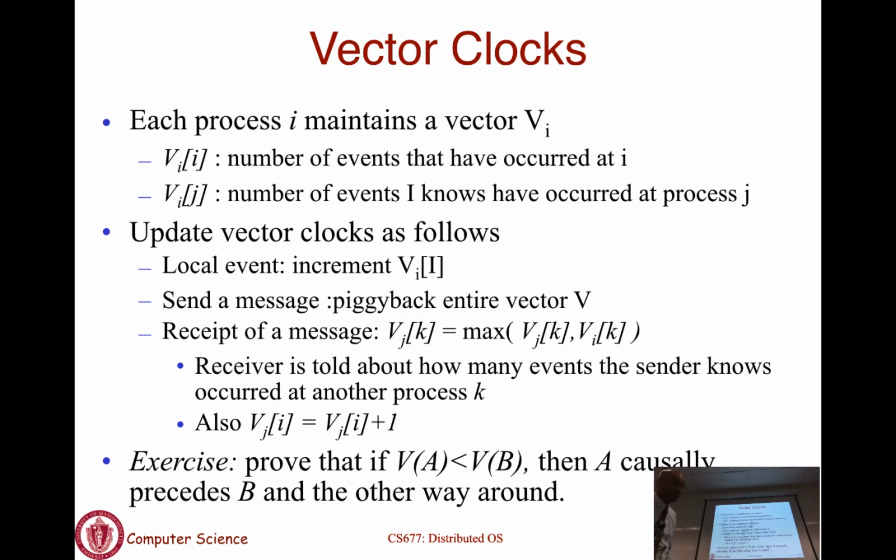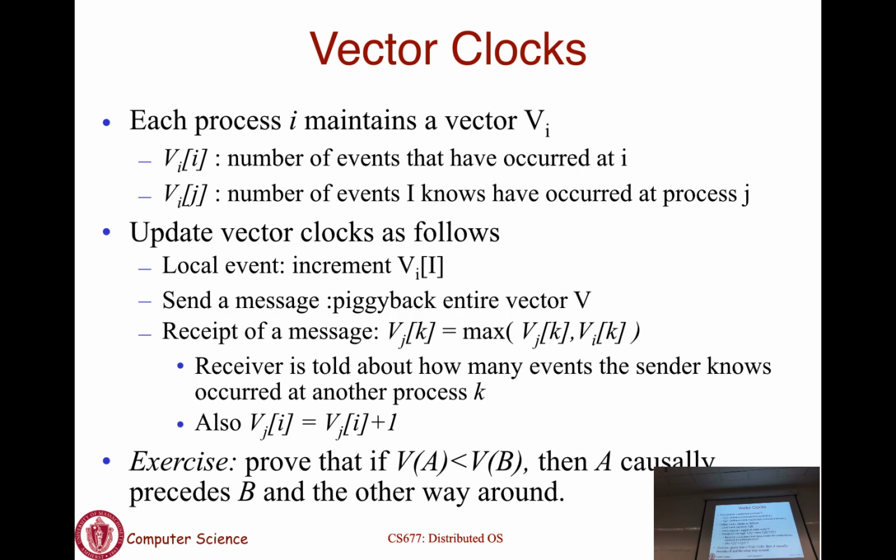So we'll take the same example. We'll do two processes, but it works for n processes. Now rather than maintaining one integer, every process is going to maintain a vector of integers, one integer per process.